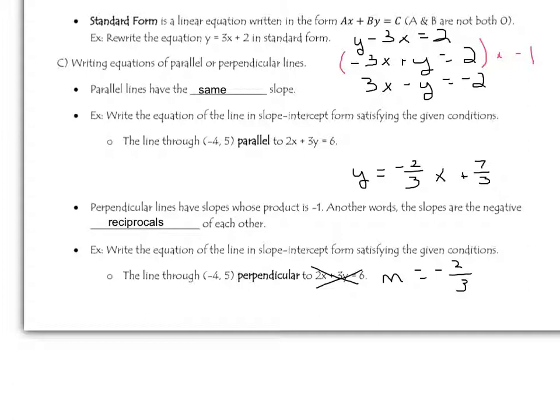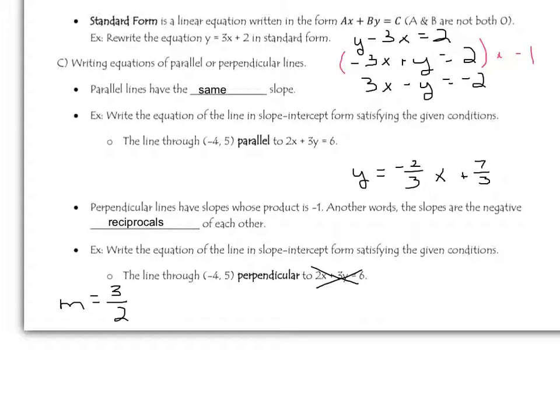So you want to make sure it's the negative reciprocal of the slope of the line you're starting with. So the reciprocal of -2/3 is -3/2. The negative of -3/2 is +3/2. So our new slope is +3/2, and we can ignore what we had written before.